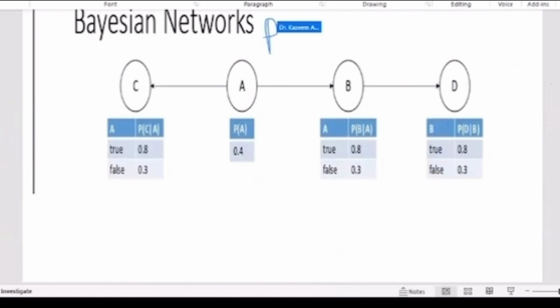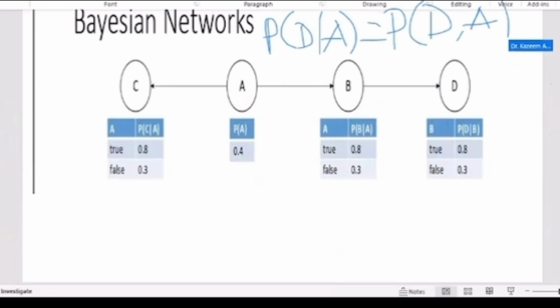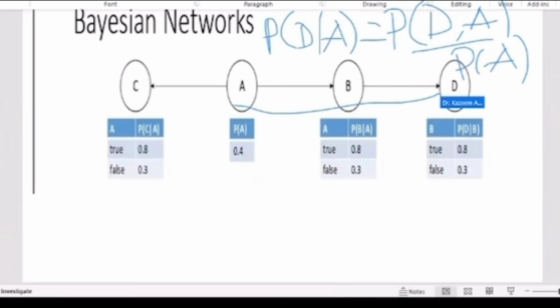Here I said the probability of D given A, from conditional probability, is D A or D intersect A, it doesn't matter. Now when I take a look at D and A, there is a B in between them. It's either the B is observed or not.